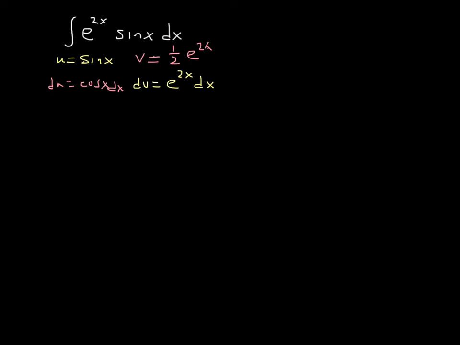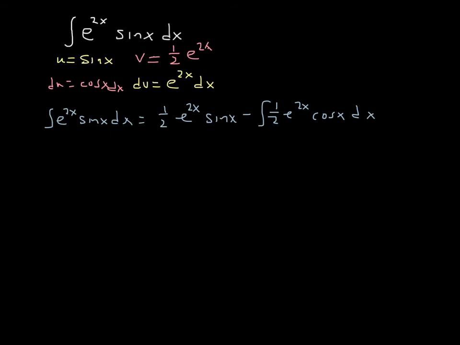And so what I get when I put that in is that the integral of e to the 2x sine x dx is equal to u times v, so 1/2 e to the 2x sine x, minus the integral of v du, which is going to be 1/2 e to the 2x cosine x dx.